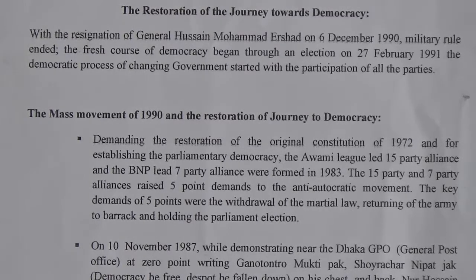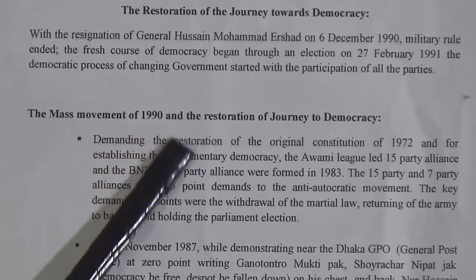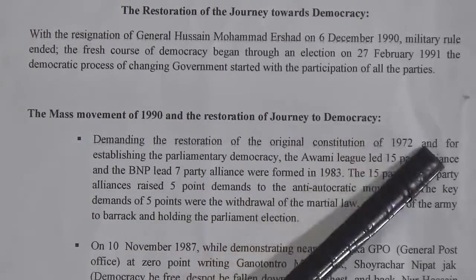Now we are going to discuss how Bangladesh returned to democracy after these two periods of autocracy. So, the mass movement of 1990 and the restoration of the journey to democracy.